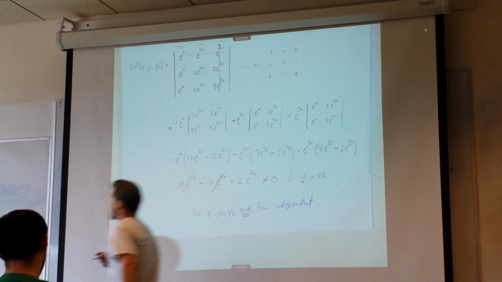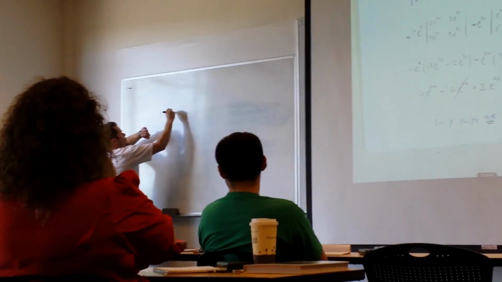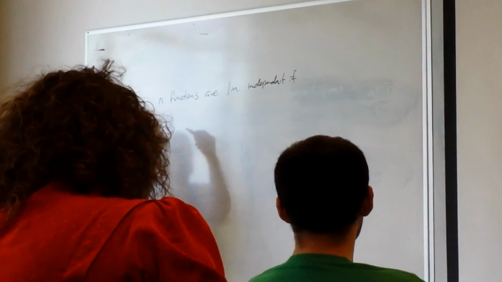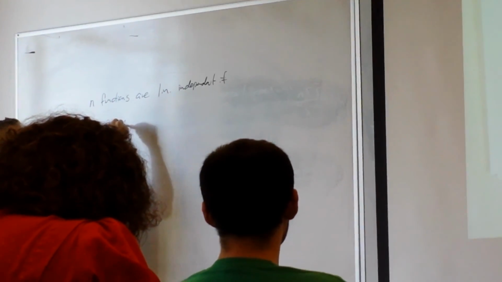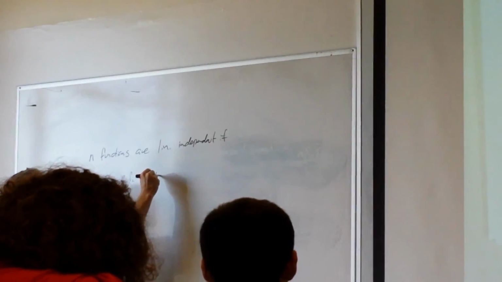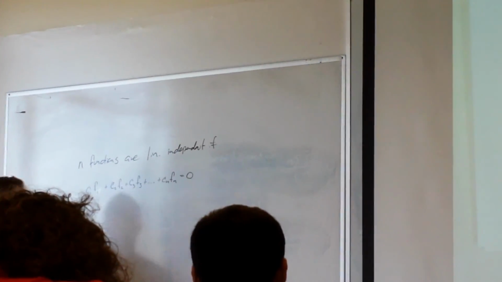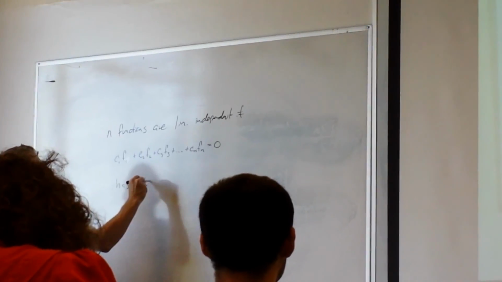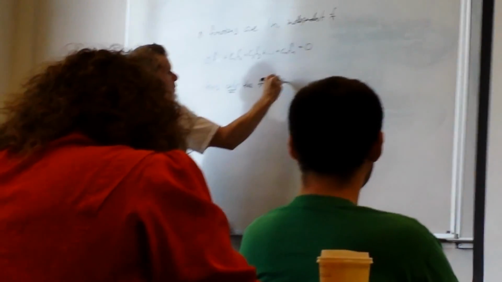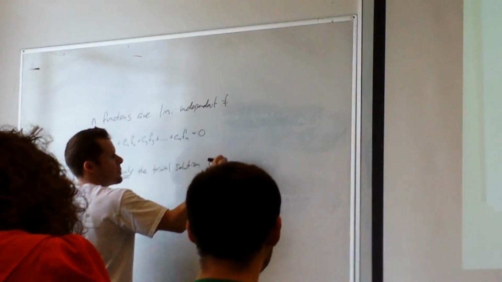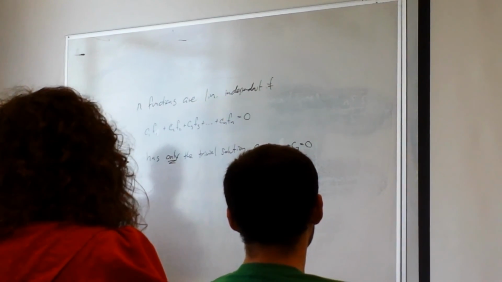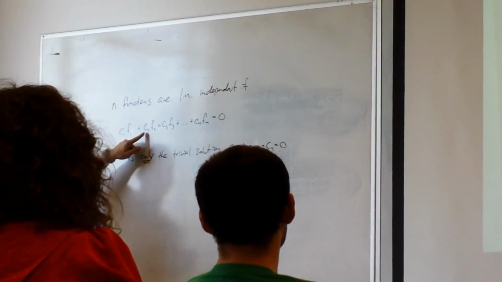Alternately, n functions are linearly independent if this equation, C sub 1, F sub 1, so n functions, call them F1 through F sub n, plus C2, F2 plus C3, F3, whatever, C sub n, F sub n equals 0, if the only solution to this equation is if you take all the coefficients to be 0, that's a linearly independent set of functions.